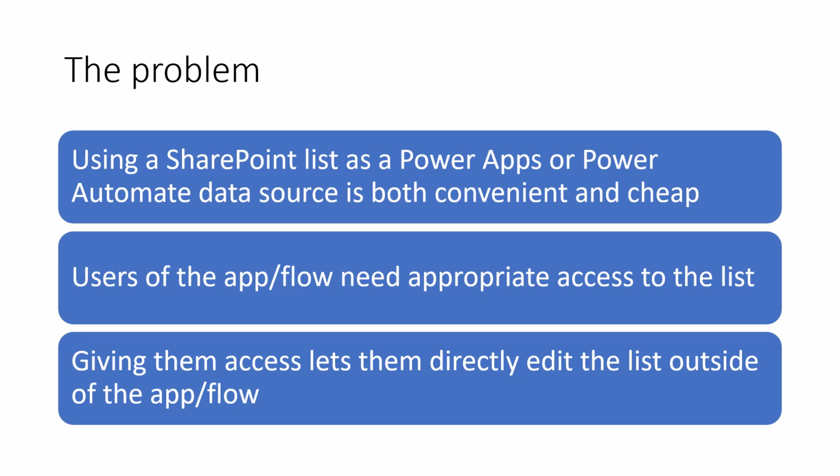So if you build logic into your app to, for example, not allow them to create a leave entry that starts in the past, then if they can go directly to the list and just create a new item, they can bypass whatever validation you're using in your app to control that. So this is basically a way to prevent them from going directly to that interface for the list and making changes that are going to bypass any rules that you've set up in your apps and your flows.